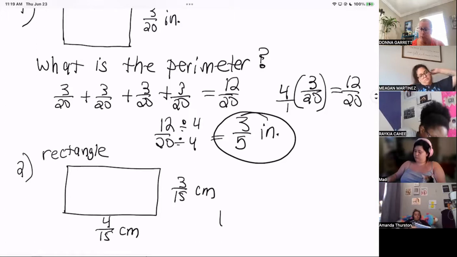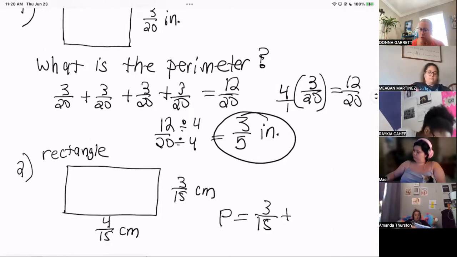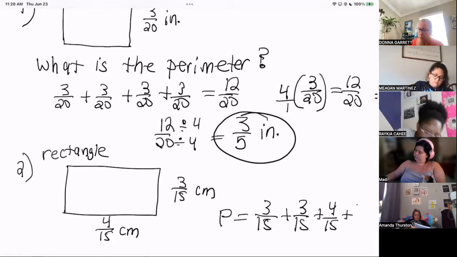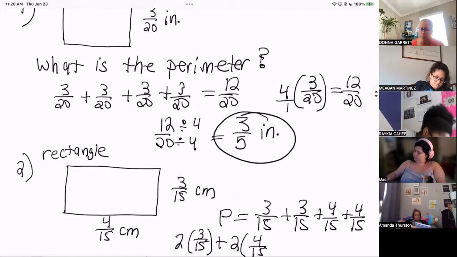So the perimeter would be 3 over 15 plus another 3 over 15, because 3 over 15 is really on the other side, plus 4 over 15 plus another 4 over 15. Or you could have realized that it's just double: 2 times 3 over 15 plus 2 times 4 over 15. I don't care which way you think of it, it's going to get the same answer. And each one is going to get 9.